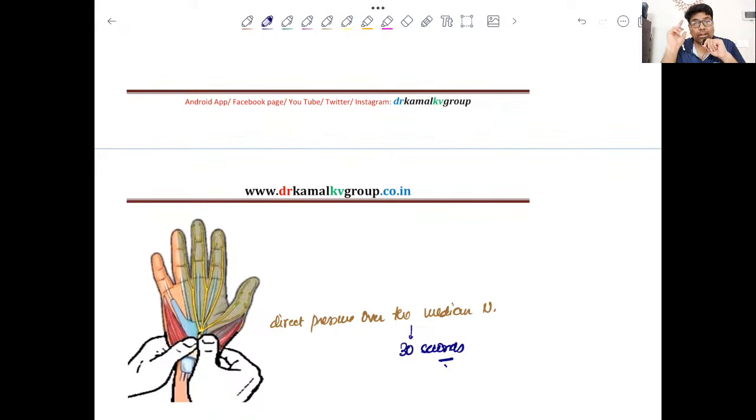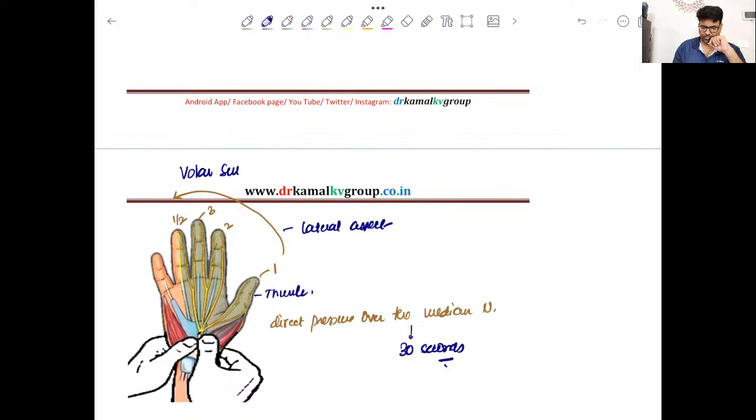So it is again first, second, third, and this is half, right? So this is half here. So this is the concept of the 3.5 fingers lateral aspect, right? Because this is thumb. So this 3.5 volar, this is of course volar surface of palm.